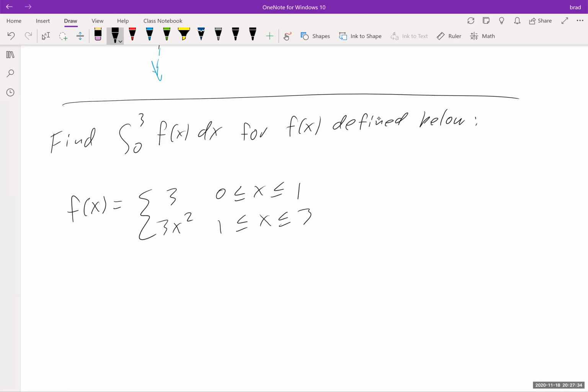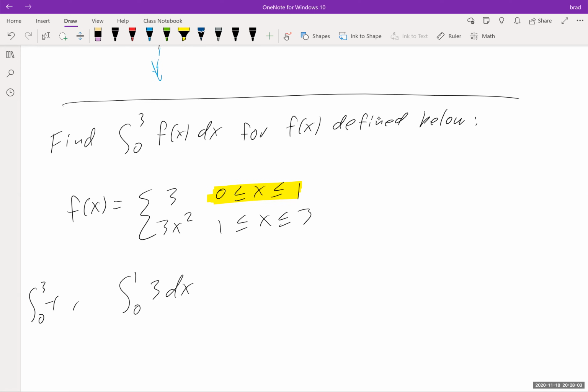Okay, so the thing is I'm going to end up needing to split this into two integrals. So I'm going to first integrate from 0 to 1 because they told us this is the domain of this portion. That's the restriction put on that portion. So from 0 to 1 of 3 dx. Okay, and this will be the integral from 0 to 3 of f of x dx.